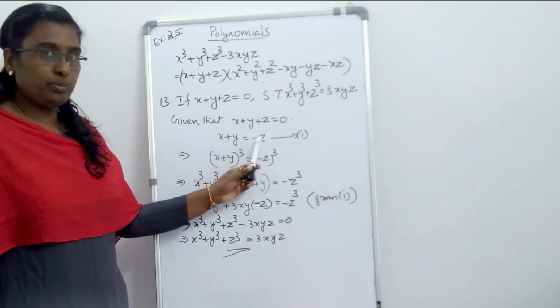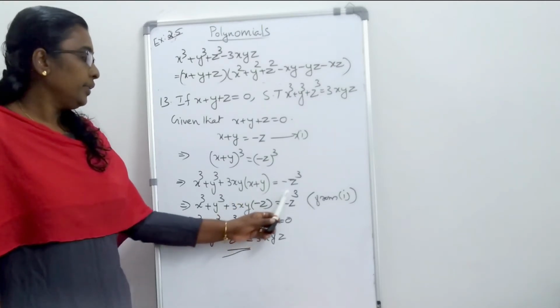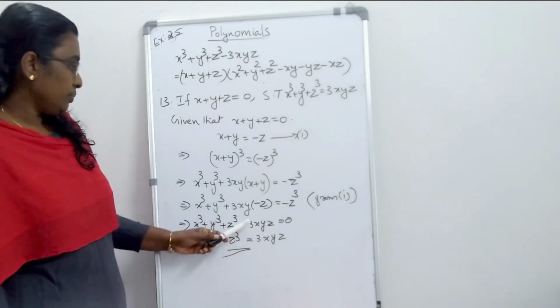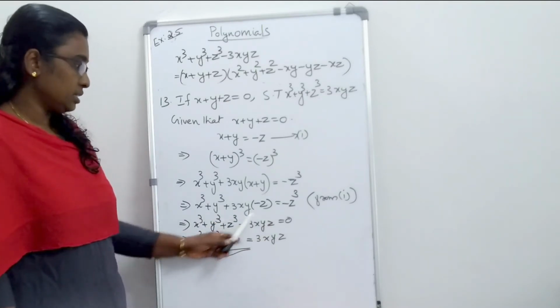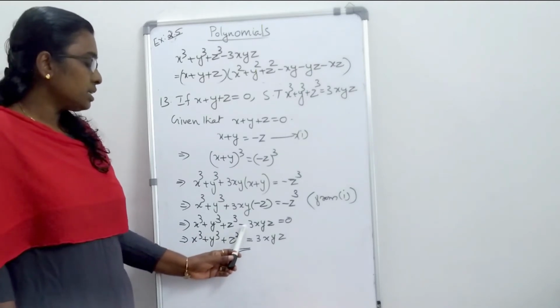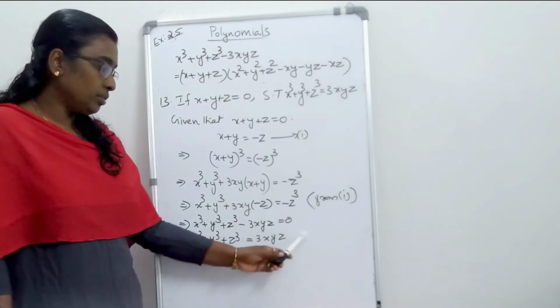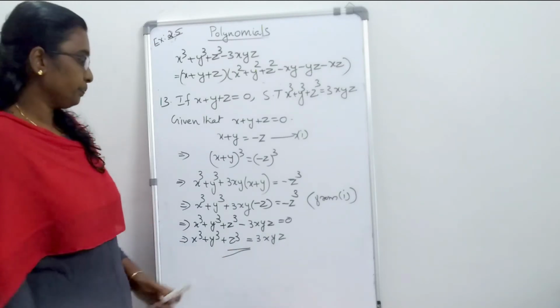Then in the next step, we transfer this minus z cube to LHS. So minus z cube becomes plus z cube, and this minus 3xyz goes to RHS. This becomes plus 3xyz.